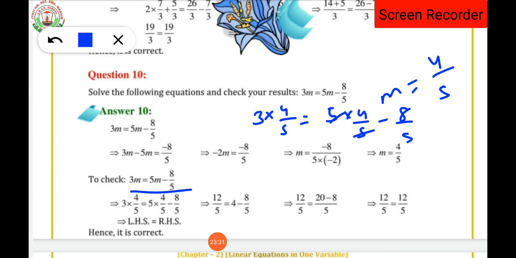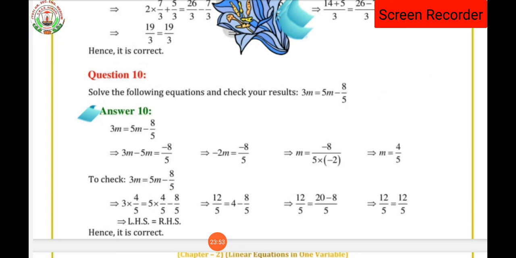Here it will become 12 upon 5 is equals to 4 minus 8 upon 5. So cross multiply, we will get 12 upon 5 is equals to 20 minus 8, because here 4 and 5 will multiply. So (20 minus 8) upon 5 is equals to 12 by 5 is equals to 12 by 5.